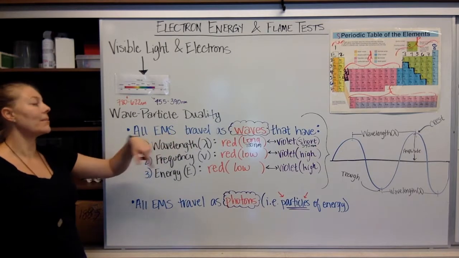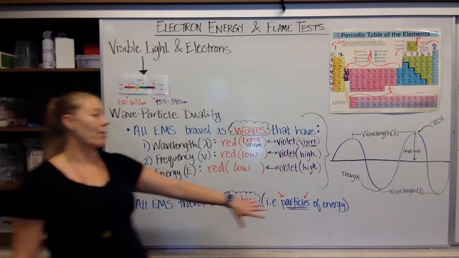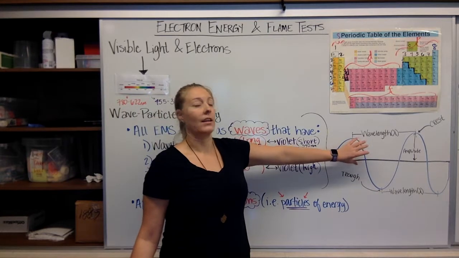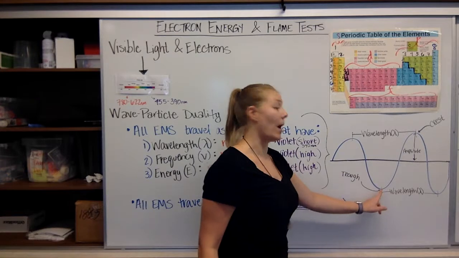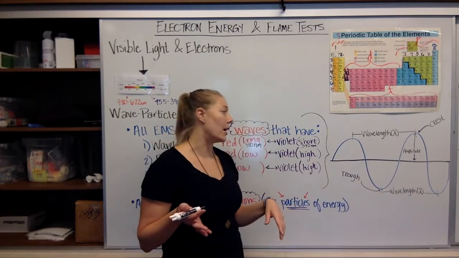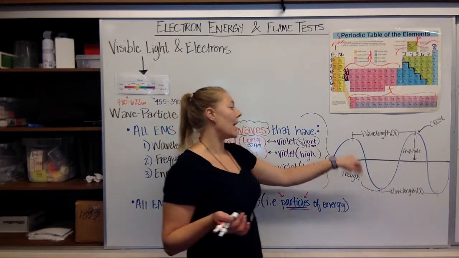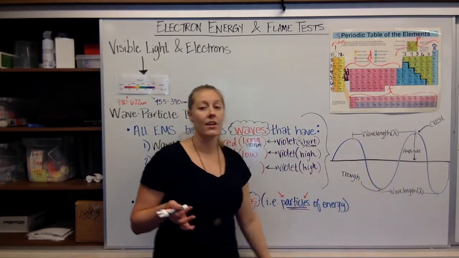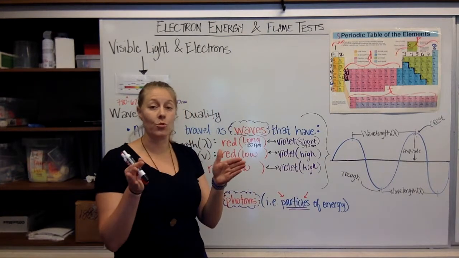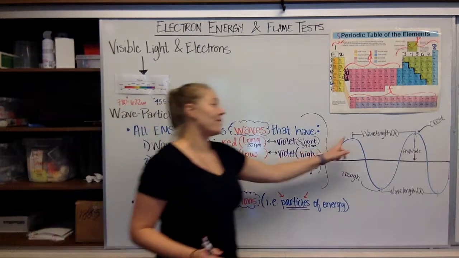All EMS travels as waves that have a wavelength, frequency, and energy. If you remember our wave diagrams from last unit, the peaks are called crests at the top and the troughs at the bottom. Between each of the crests, or between the troughs, you have the wavelength, which is the distance between the waves.